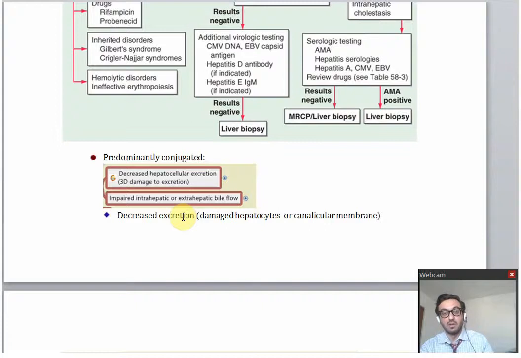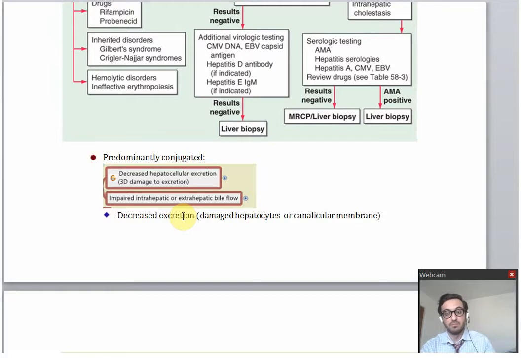Now, after the conjugation, what conditions can explain the pathogenesis of conjugated hyperbilirubinemia? When the bilirubin is conjugated, if it is not excreted by hepatocytes or there is any block to the bile flow, either intrahepatically or extrahepatically, we will have conjugated hyperbilirubinemia.